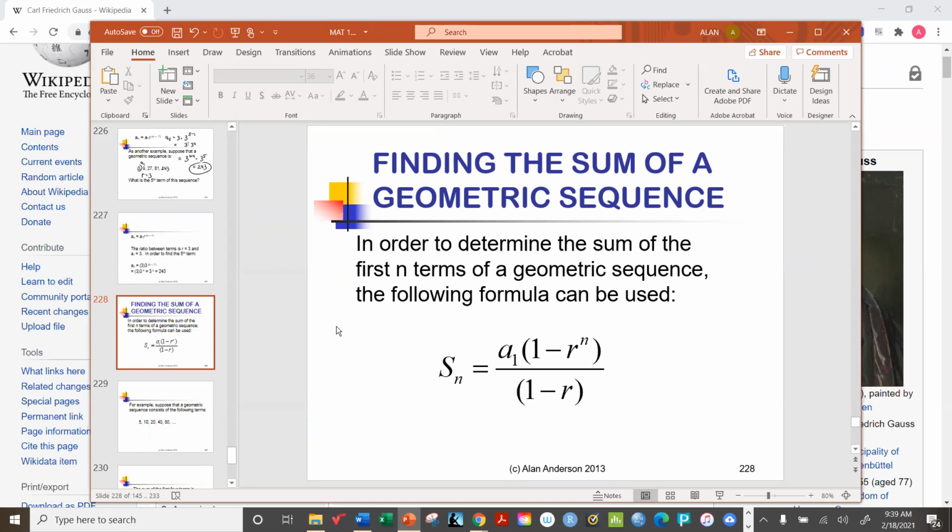Now here, there's only really two things. Well, three really. It's the first term. N is the term that we're looking for. Well, actually, no, I shouldn't say that.